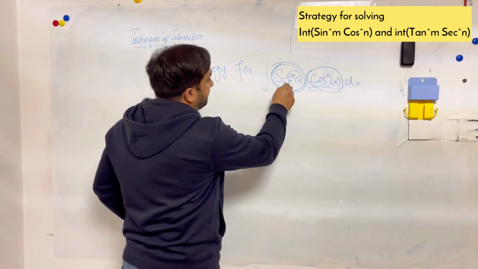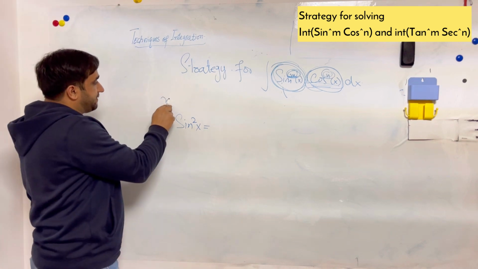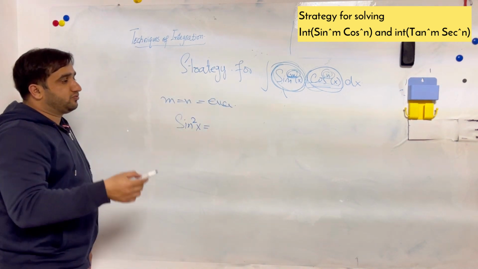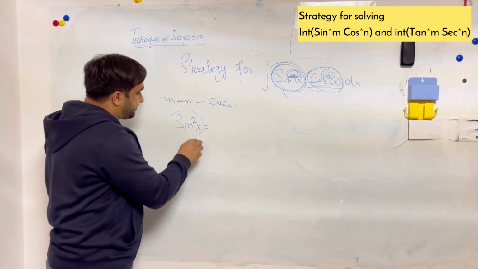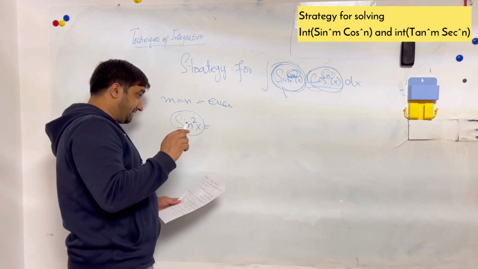We are talking about even powers. If both are even, then m is equal to n, they are even numbers, like 2, 4, 6, 8. So you always know the half angle identity for sine and cos.